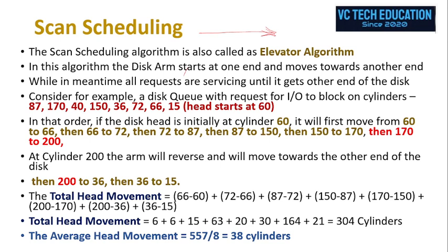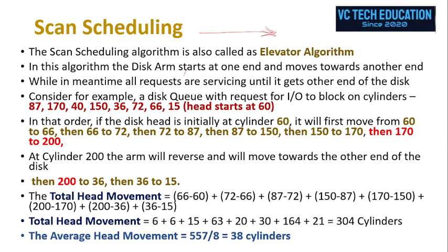So in this algorithm, the disk arm starts at one end and moves towards the other end, and in the meantime all the requests are serviced until it gets to the other end of the disk. Let's take the same example: consider a disk queue with requests for input output to blocks on cylinders 87, 170, 40, 150, 36, 72, 66, 15, where the head starts at 60.